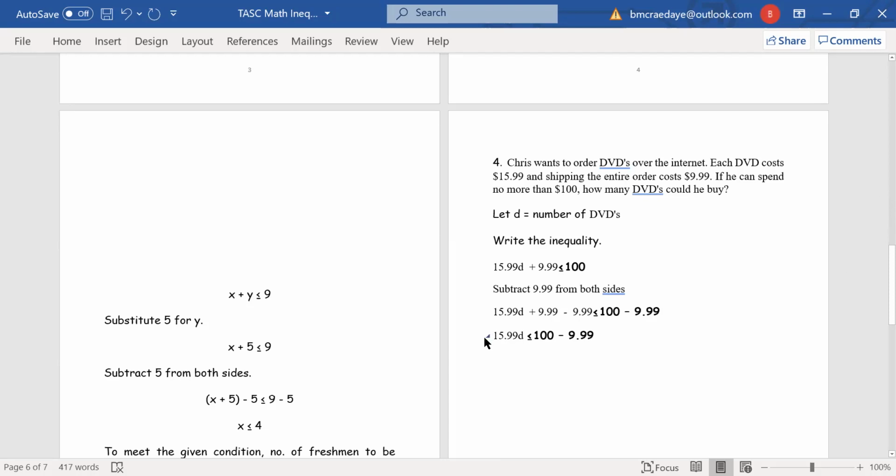What's 100 minus 9.99? Is it 89.99? I think so, right? What do you get? It's a subtraction, 100 minus 9.99.